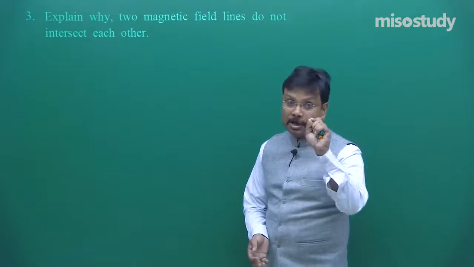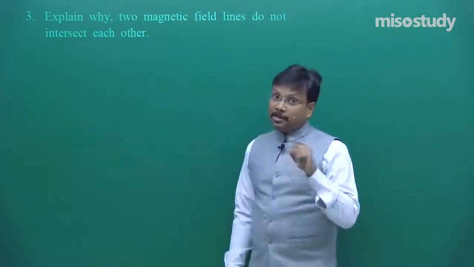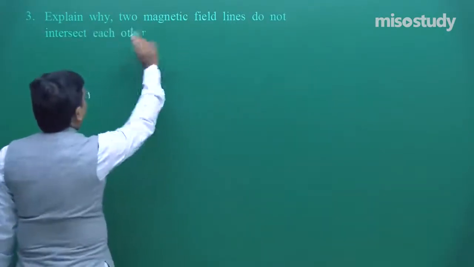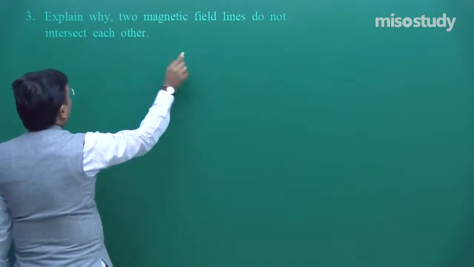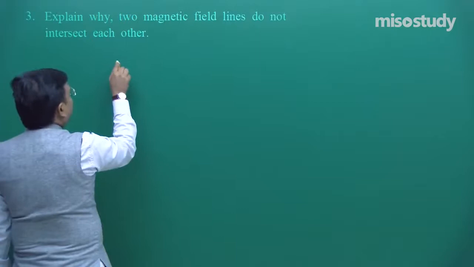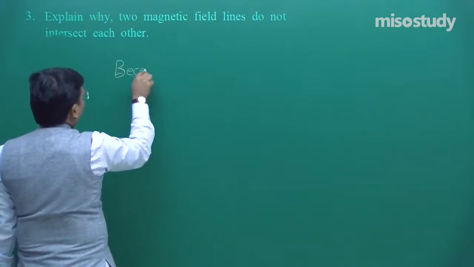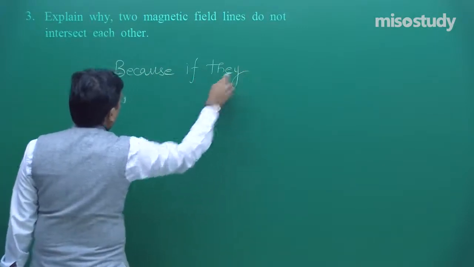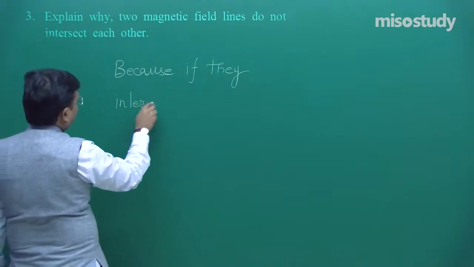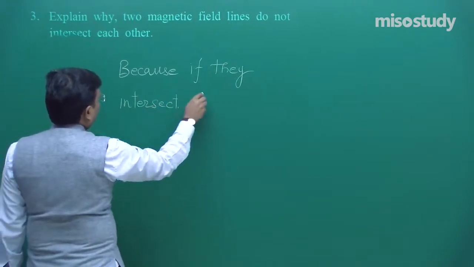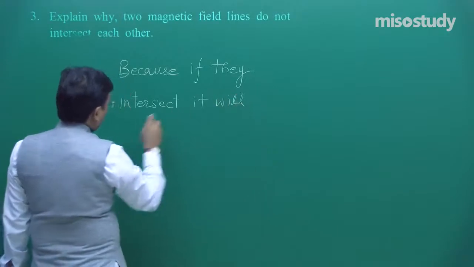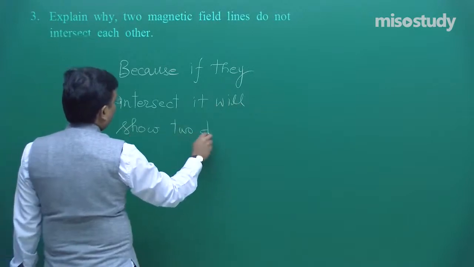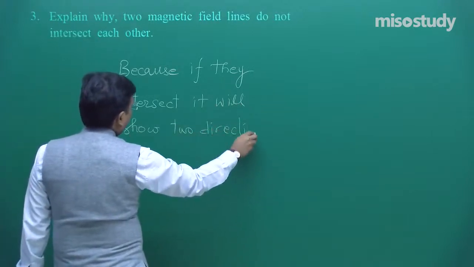Very perfect question, perfect answer. It starts here in class 10th and till class 12th it is the same. Magnetic field lines do not intersect each other because if they intersect, it will show two directions, which is not possible.